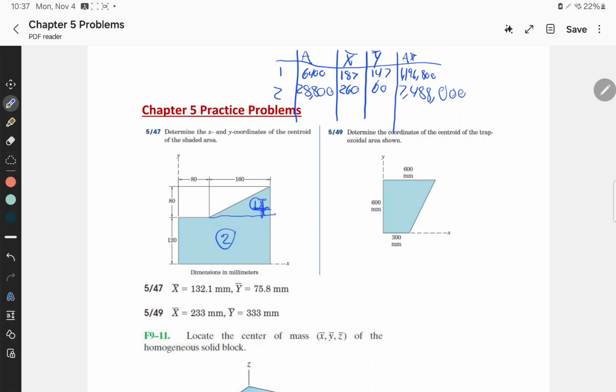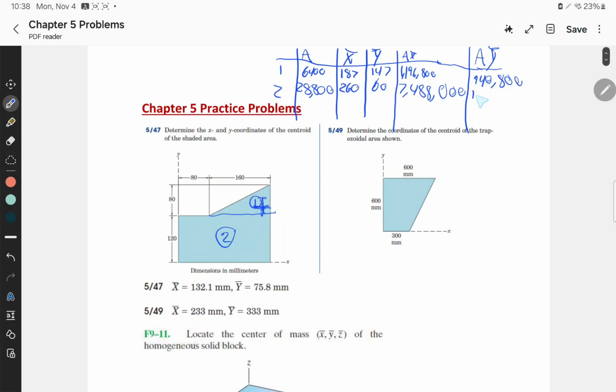We can simplify this, whatever, I'm just going to keep it for now. And then ay, A times y. It's going to be this times that: 940,800, and this is going to be 1,720,000, 728,000.